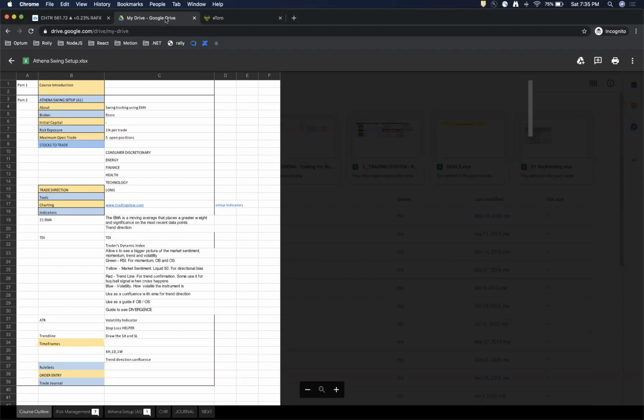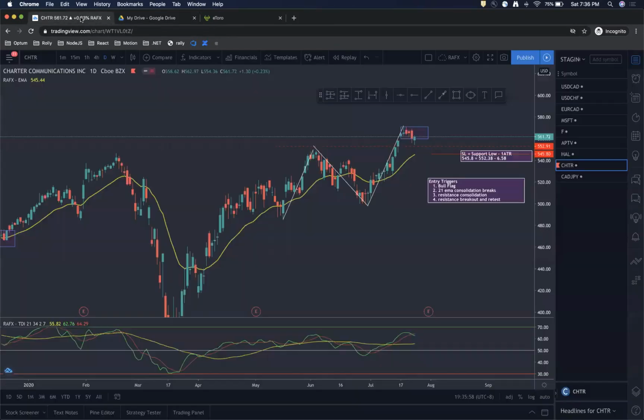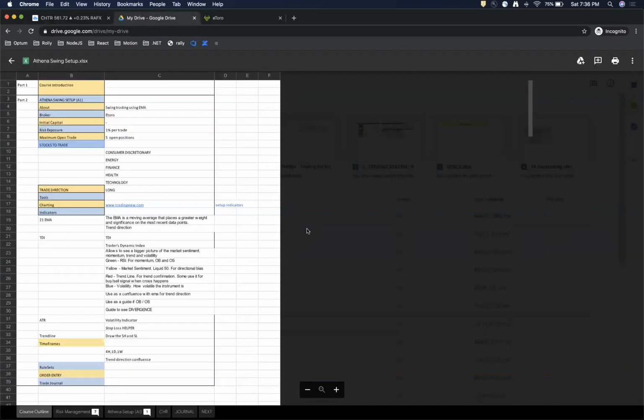It is also used to identify overbought and oversold. The yellow line is the market sentiment. This yellow line here is the indicator for market sentiment, telling you the directional bias of the security that you are looking at.